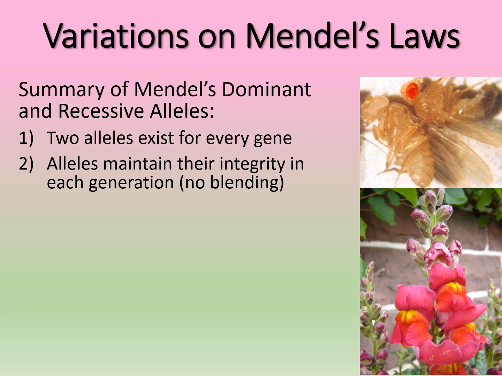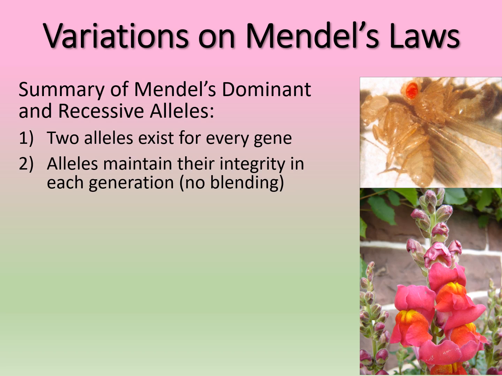And alleles maintain their integrity in each generation, meaning there's no blending, meaning that there's no semi-dominant alleles. But we'll actually see what happens if we have some alleles that are both dominant or some blending with heterozygotes. So we'll talk about that.